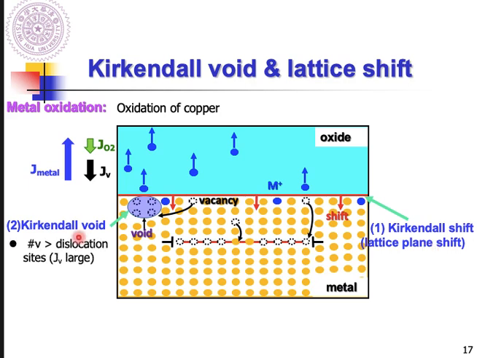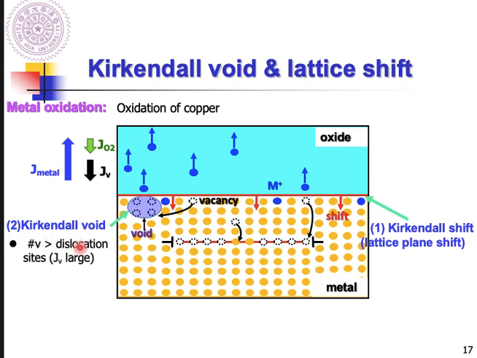I will say more voids means the vacancy flux must be much larger than the dislocation sites. That means J_V is quite large. And why must it be much larger than the dislocation? Because we have too many vacancies.